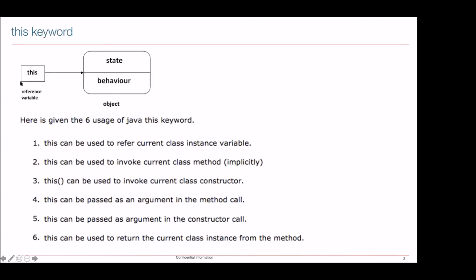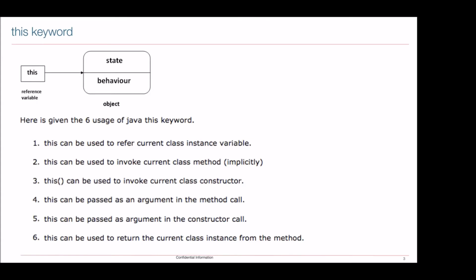So the moment we say this, it is nothing but a reference variable which refers to the state and behavior of the object. In Java, there are several uses of this keyword. One of the prime uses is whenever you want to refer to the current class instance variable. Say suppose Employee is there, E1, E2, E3.